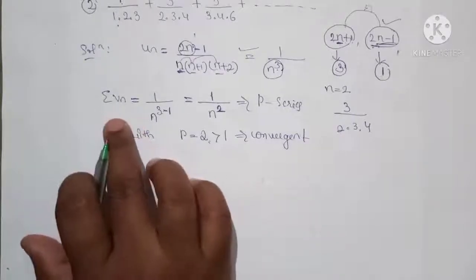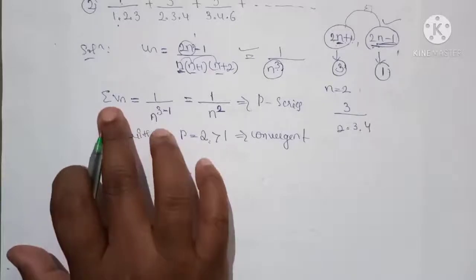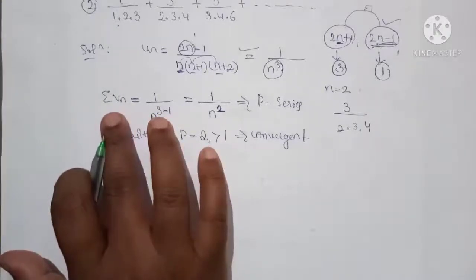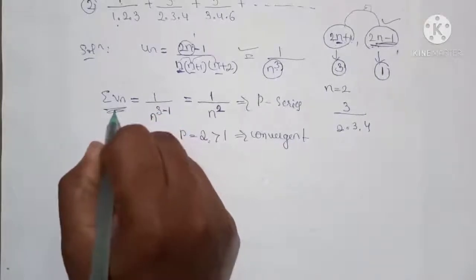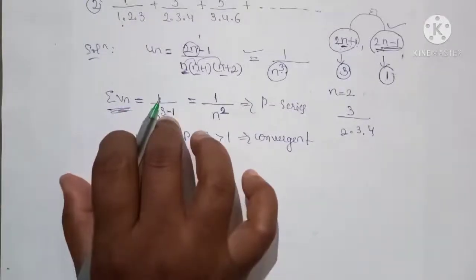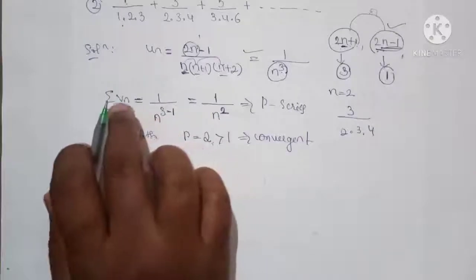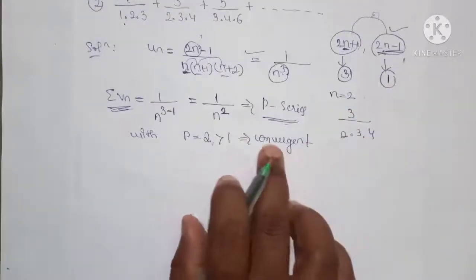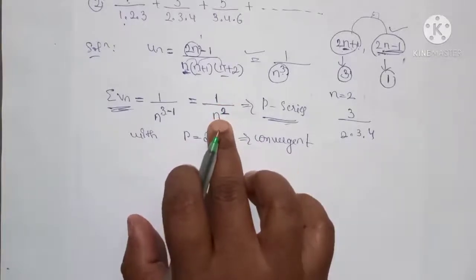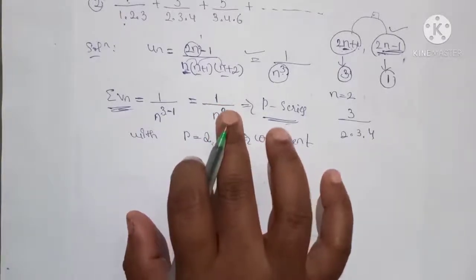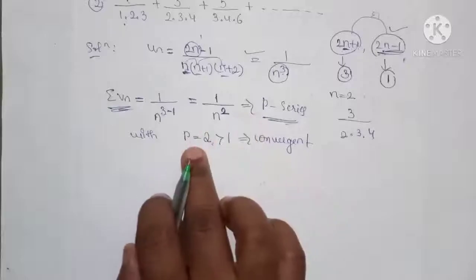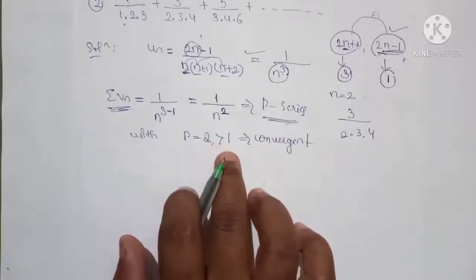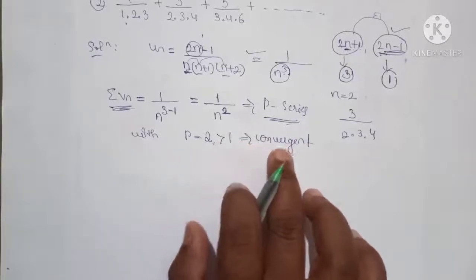Here I have checked whether summation Vn is convergent or divergent. Almost always we choose summation Vn in the form of a p series. So 1 divided by n raised to 2 is a p series with p equal to 2, and since p is greater than 1, we can say that it is convergent.